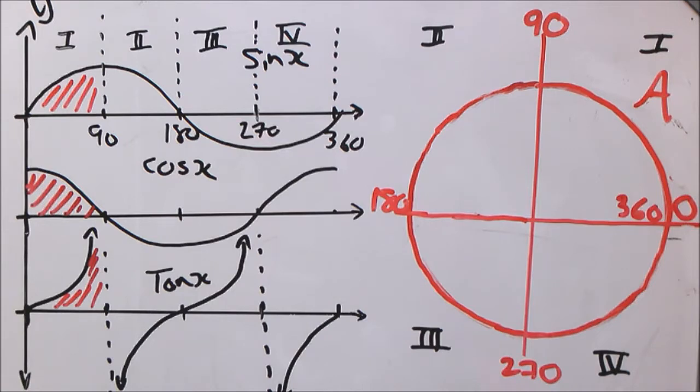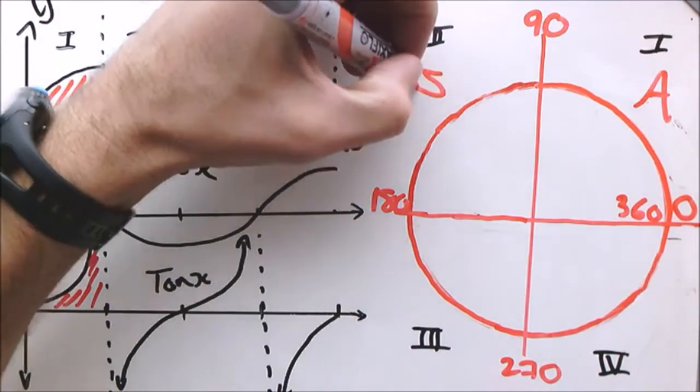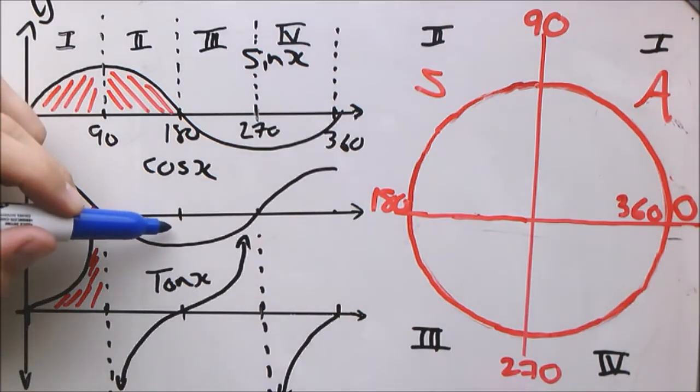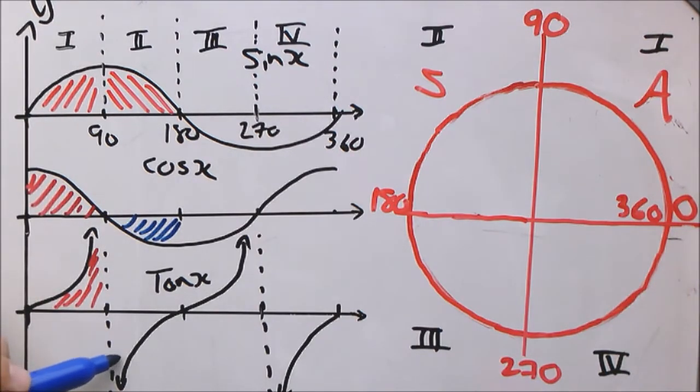Now let's look at the second quadrant. Is the sine graph positive? Yes. Is the cos graph positive? No, it's negative. And the tan graph as well.